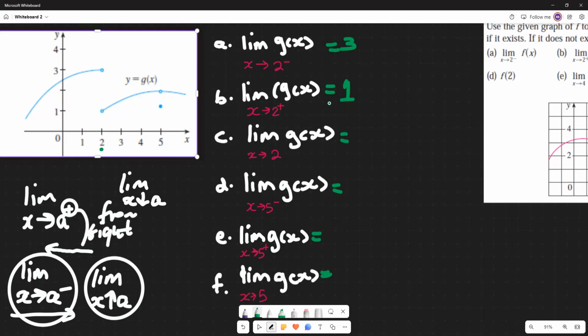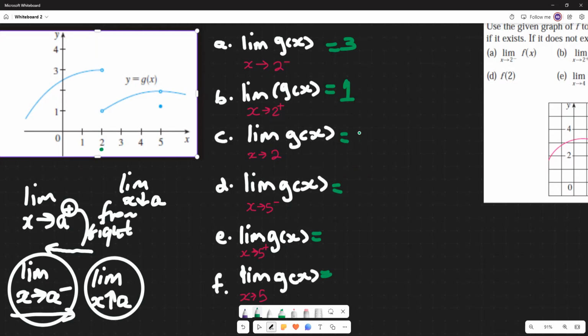All right. Awesome. And then, guys, the y value that you approach as you move from the left, and the y value that you approach as you move from the right, is not the same, but you're approaching the same number. Right? We're approaching 2 from the left, we're approaching 2 from the right. So we're going to say the limit as we approach 2 does not exist, because the left side limit is not the same as the right side limit.